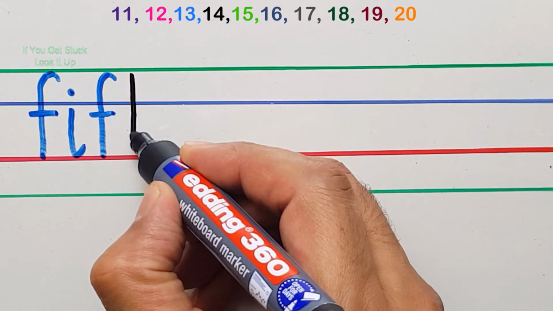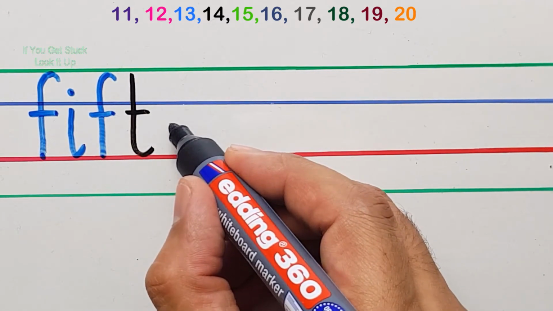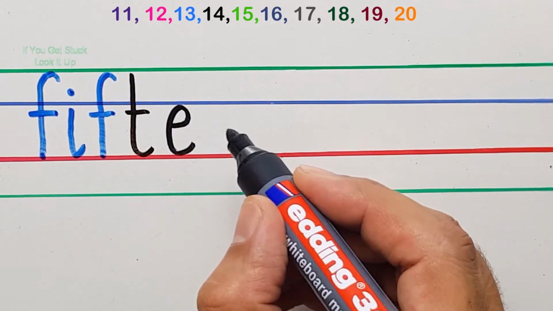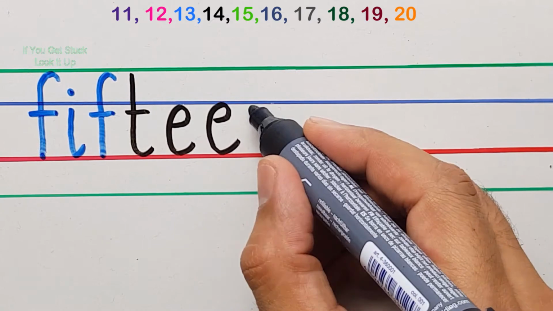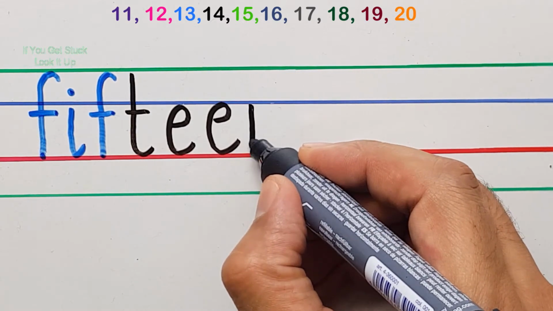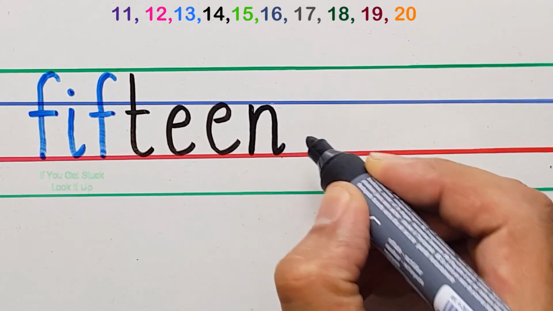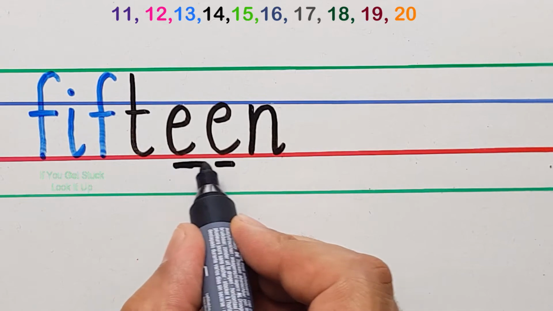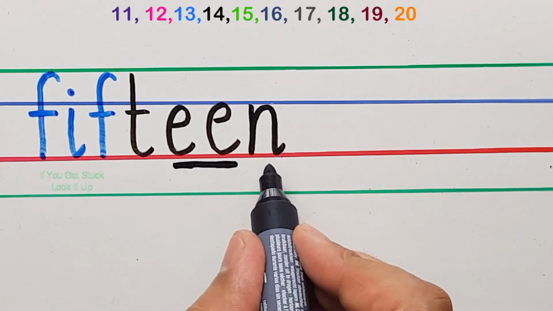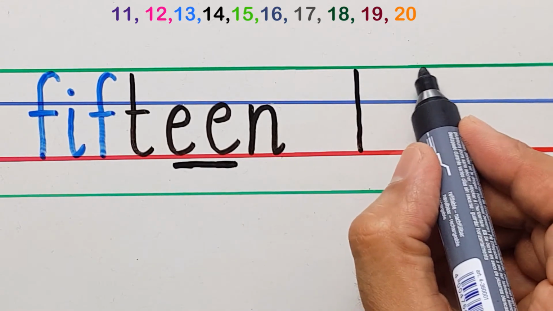So it's T, E, E, and then finally N. So remember what we said, E and E together give the E sound. So that's teen. 15. 1 and 5.